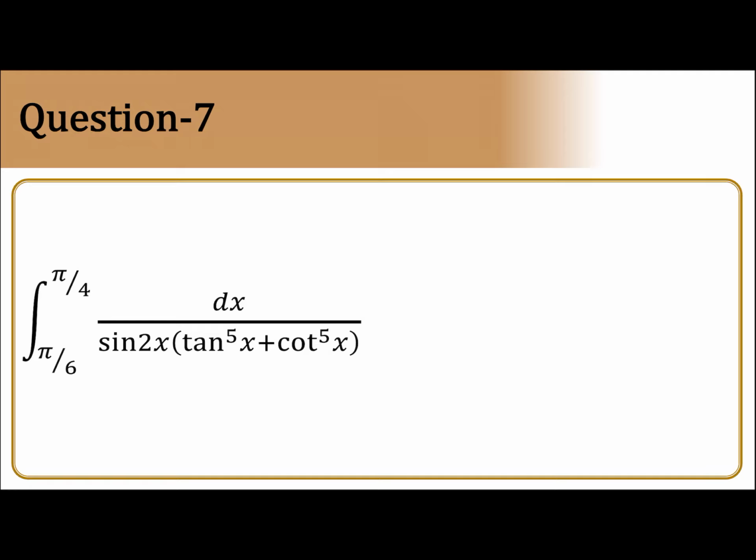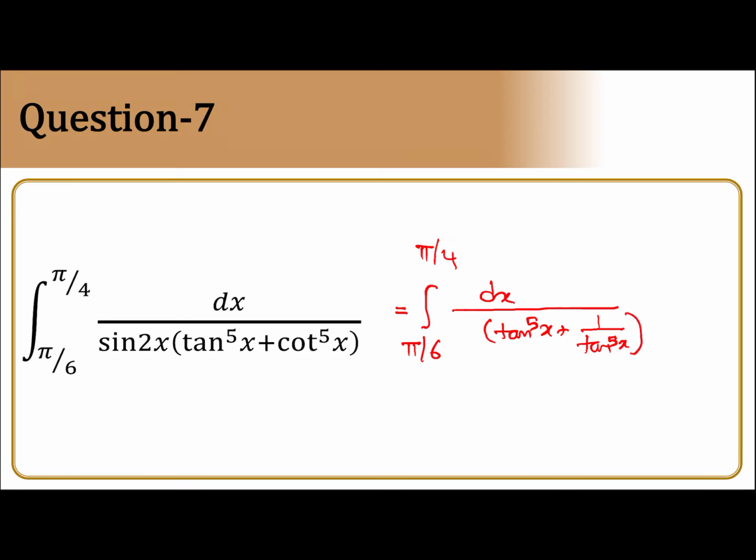So if we convert into sine and cos, this can again be written as the integral from pi by 6 to pi by 4. So rather than converting, more dominating is the powers of tan that are given. So we can write tan to the power 5x plus 1 by tan to the power 5x, part 1.